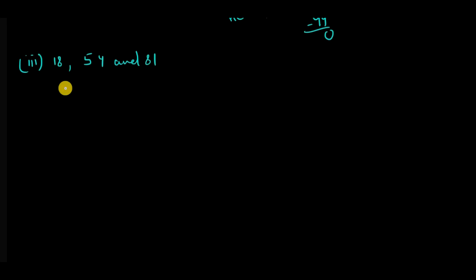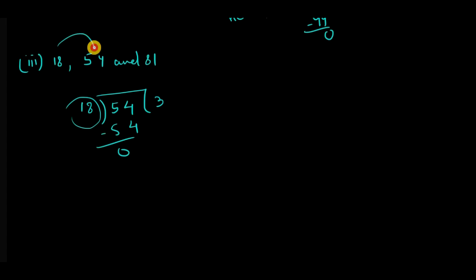We need to find the HCF of 18, 54, and 81 by this method, right? 18 and 54, I'll take these two numbers. 18 3s are 54. So the remainder is 0. So the HCF of 18 and 54 is 18 itself, right? This is the HCF of these two numbers.